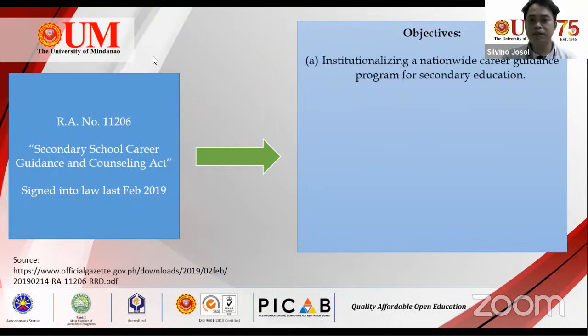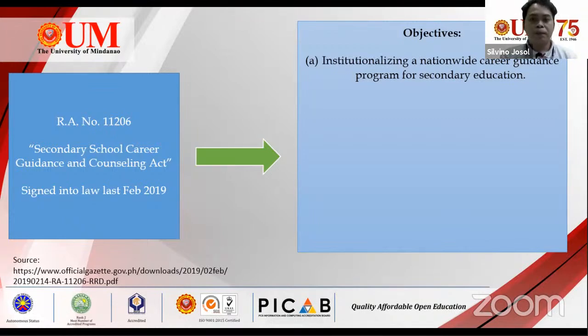Okay, so one is to institutionalize a career guidance program for secondary education, meaning that although we are already doing that through the guidance office, most or all of the schools do have a school counseling office, or career guidance and counseling office.